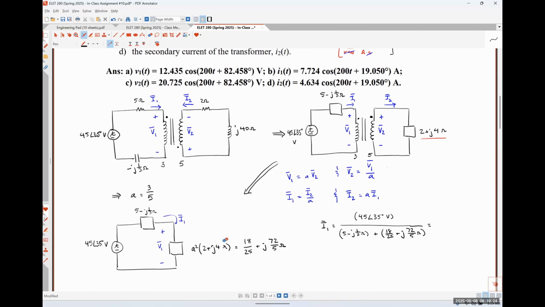So let me find this guy again real quick. So our process is right. I just made a simple mathematical error. My apologies for that. So 3 over 5 quantity squared times 2 plus 4I, and then putting that into rectangular form comes out to be 18 over 25 plus J 36 over 25.